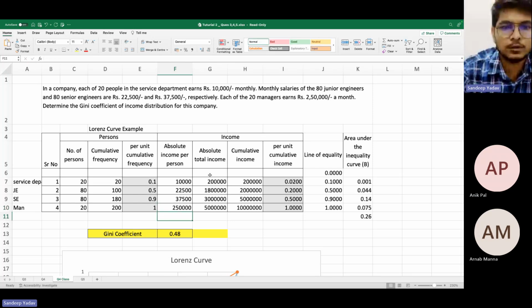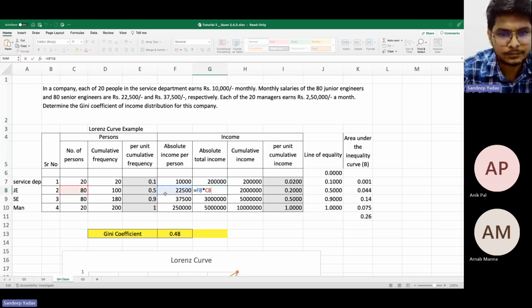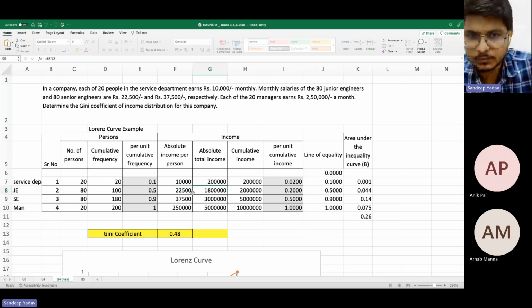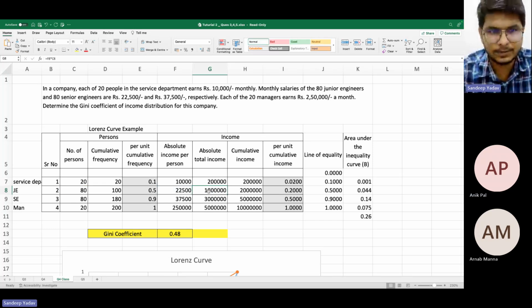Now absolute total income will be absolute income per person multiplied by the number of persons. So 10,000 multiplied by 20 will be 2 lakh. So that's how these things are coming. Absolute total income will be 2 lakhs. Similarly, 22,500 multiplied by 80 will be, sorry, 18 lakhs. And similarly for the senior engineers and the managers.